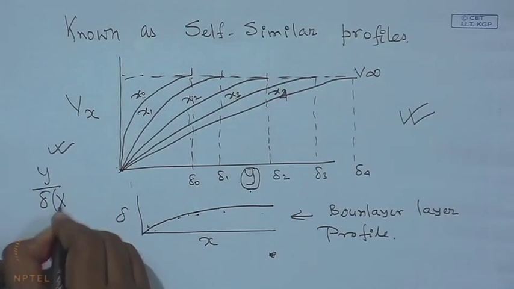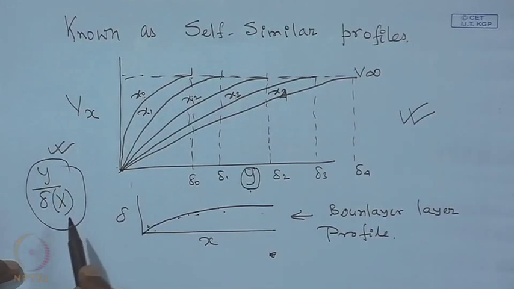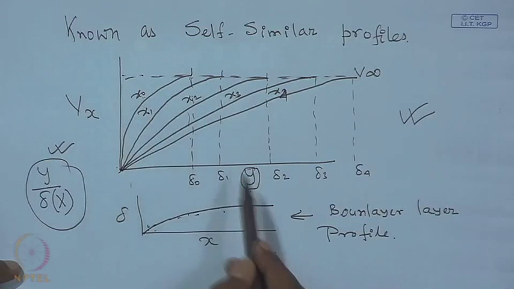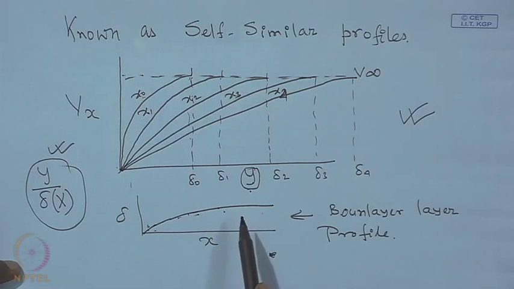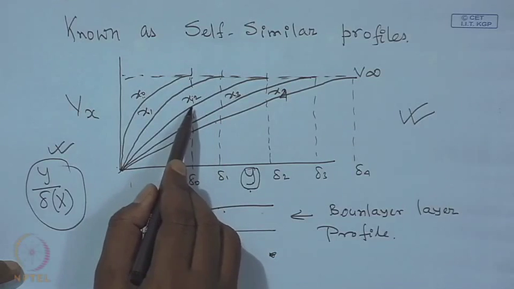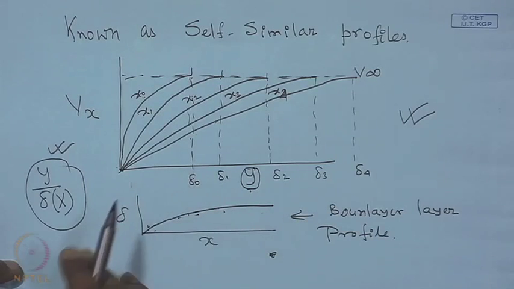Since the curves are similar, all these curves will superpose on each other and collapse on a single curve.